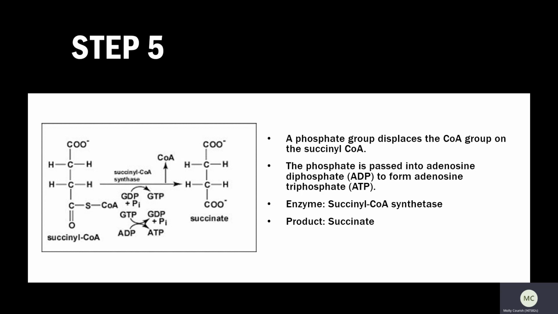So step 5 will generate an ATP molecule that can be used to generate further energy. The enzyme that will catalyze this reaction is succinyl-CoA synthetase. The product of this reaction will be succinate.